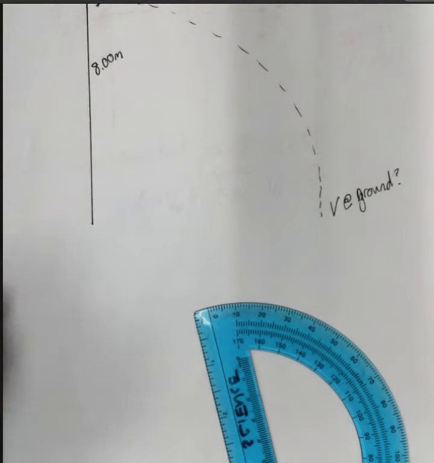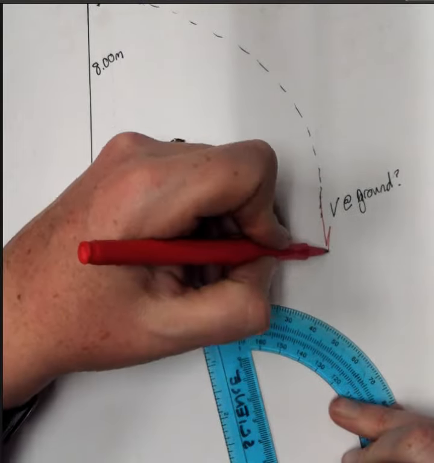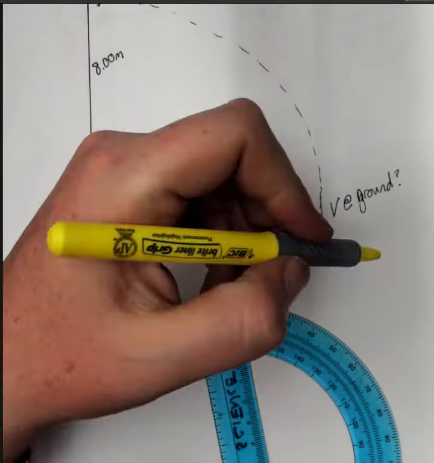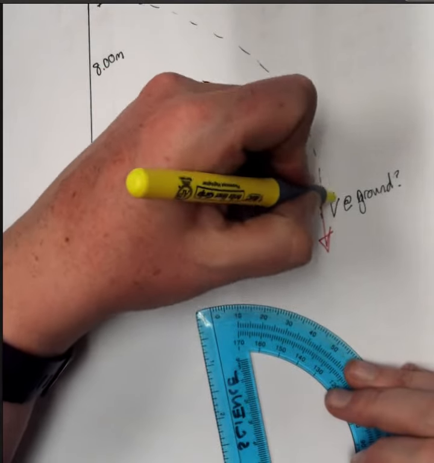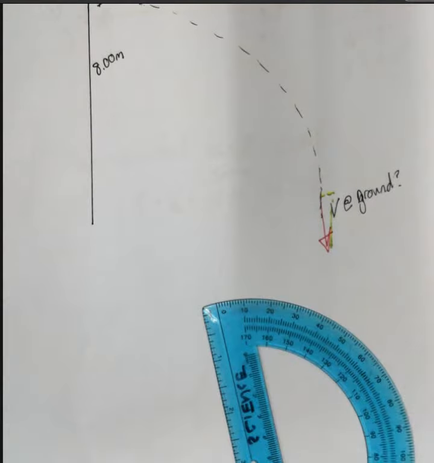Well, its velocity vector would be some value like that, and we only have two values. But we do know that in order to solve for that, we're going to need to find both the x component and the y component of the velocity.